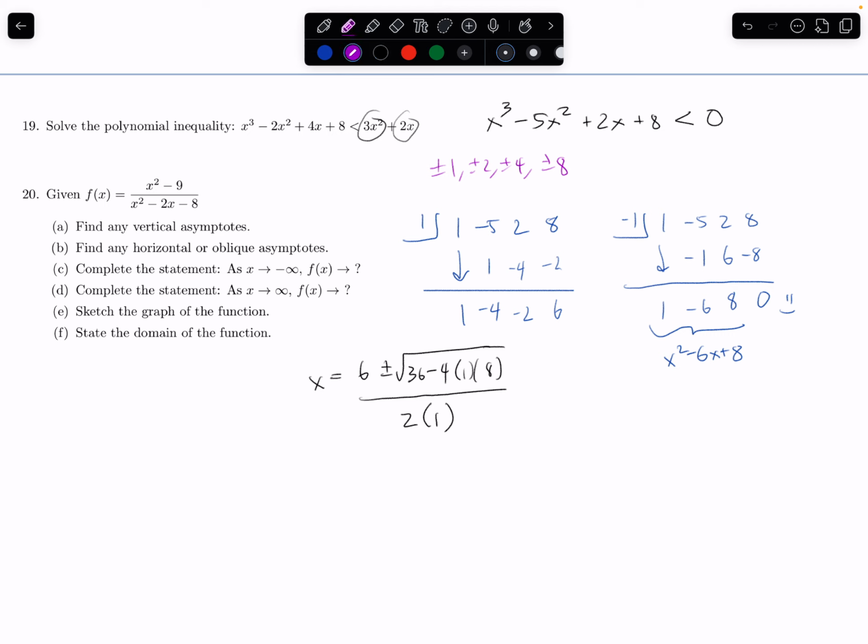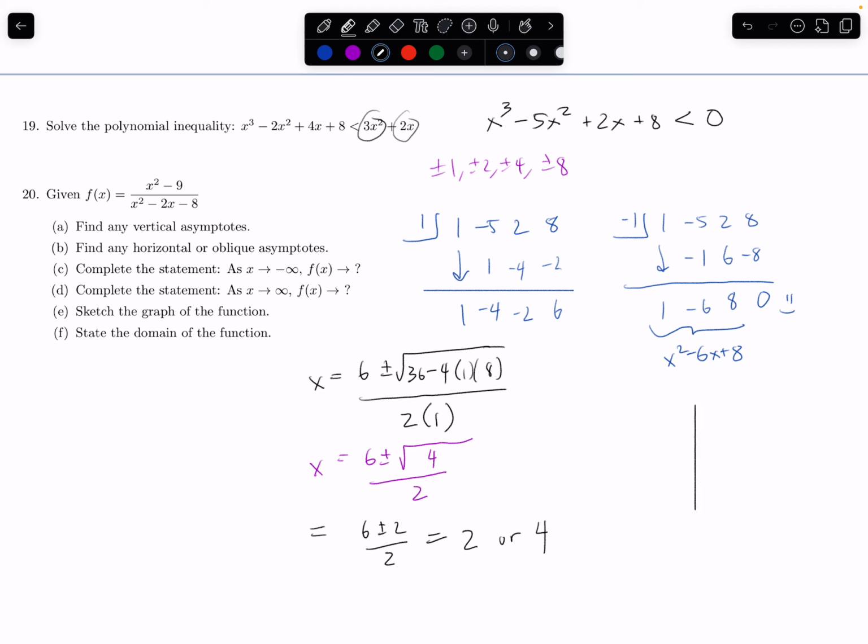So it's going to become 6 plus or minus the square root of 36 minus 32, which is 4, over 2, which is plus or minus 2 over 2. Let's split that into two parts. 6 minus 2 is 4, divided by 2 is 2. Or 6 plus 2 is 8, divided by 2 is 4. So negative 1, 2, and 4, those are my zeros, all of multiplicity 1.